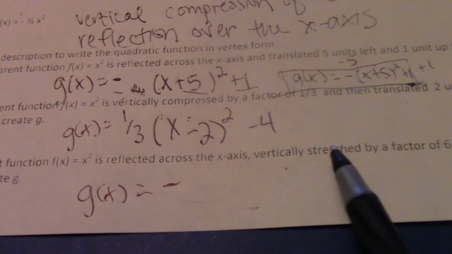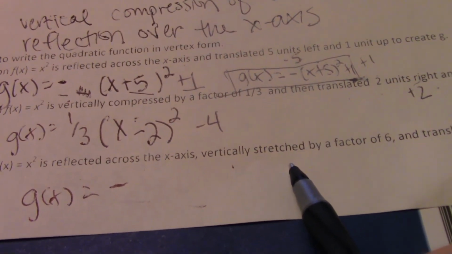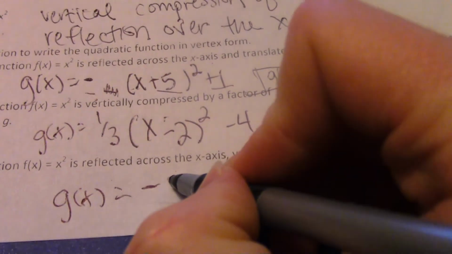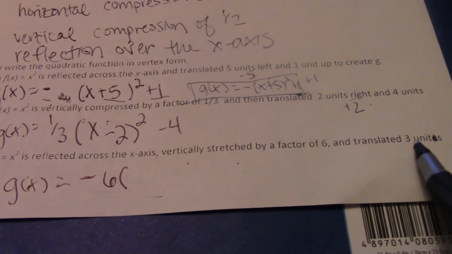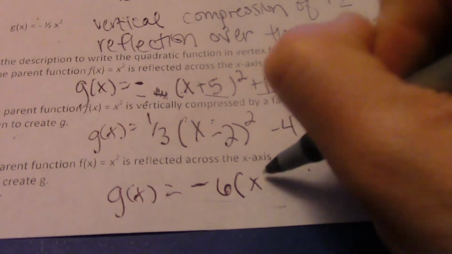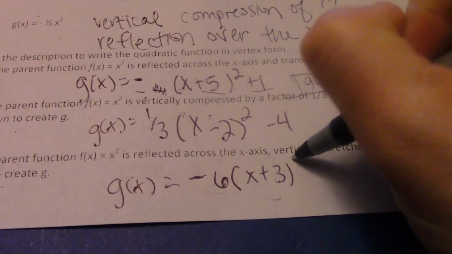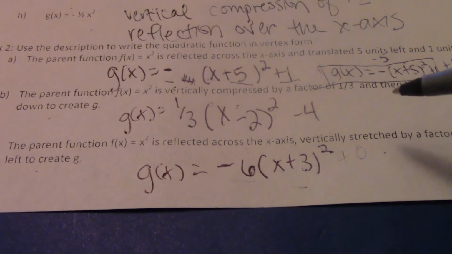We are vertically stretched, okay, vertically is outside the parentheses again, by a factor of 6, so -6 parentheses. Translated 3 units left. So left means -3, so x plus 3, so opposite, squared. There's no up and down, so I can put a +0, that's here, but we don't have to write it.